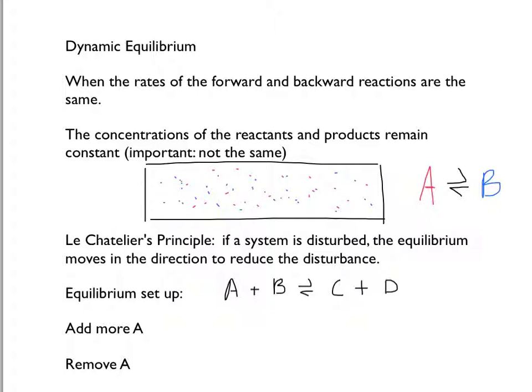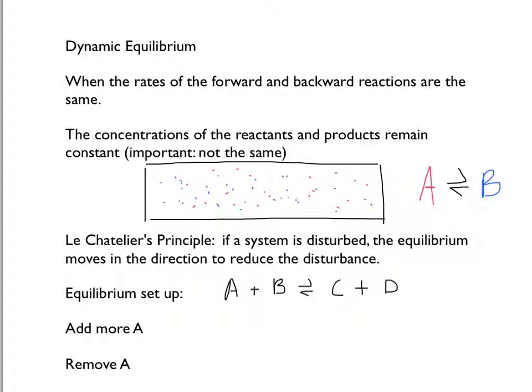So in the example of A goes to B, where A are the red dots and blue is B. If a blue dot changes into a red dot, a red must change into a blue.